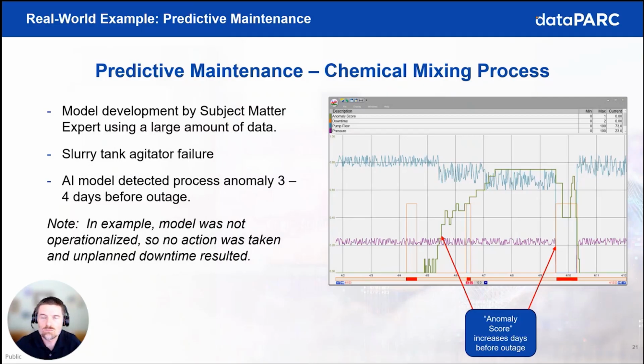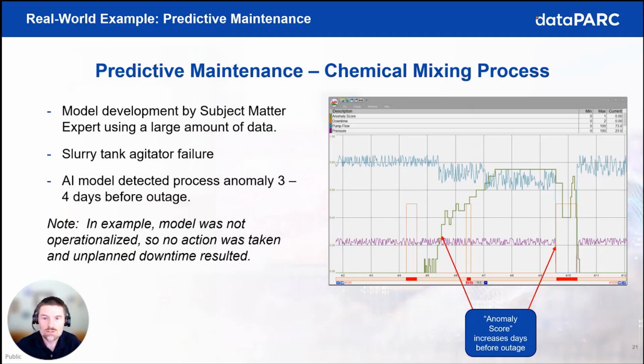When is it running at its normal and desired conditions overall? And then it calculates what's called an anomaly score. That anomaly score is 0 whenever the process is running in that standard desirable range. But if a set of variables or the relationship between some of the variables starts to deviate from that normal operation, that anomaly score starts to increase.